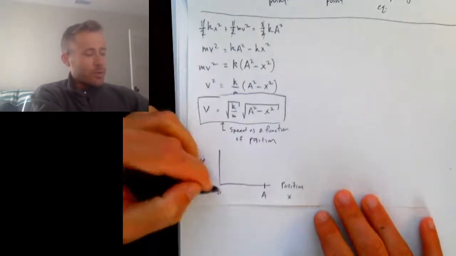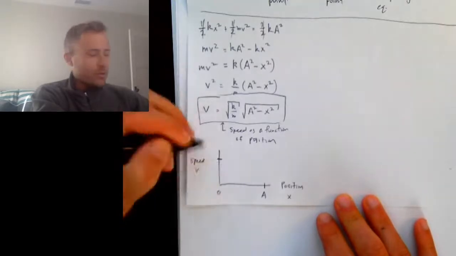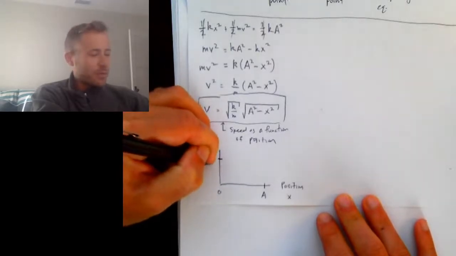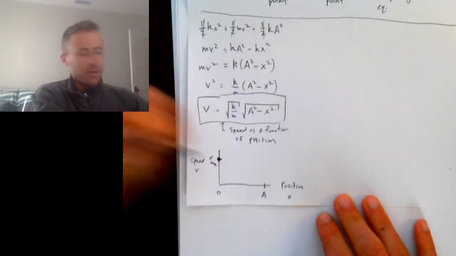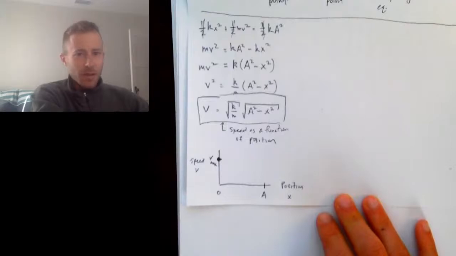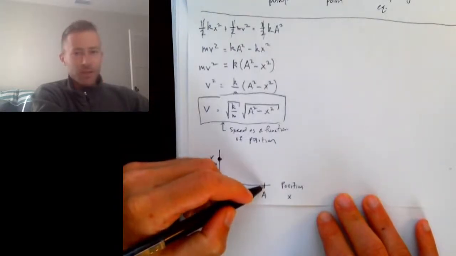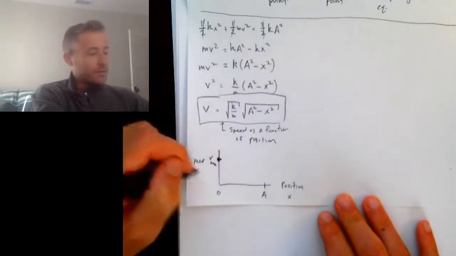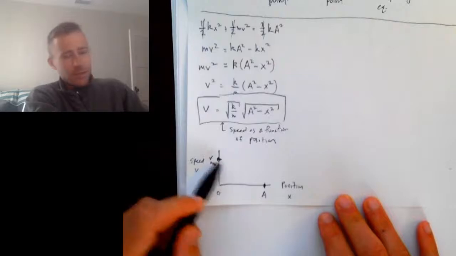When the position is 0, you are passing through equilibrium, so you have your maximum speed when you are at equilibrium. So that's a point on this graph. And then when you're at the extreme point, your speed is 0. And then so these two connect to each other.